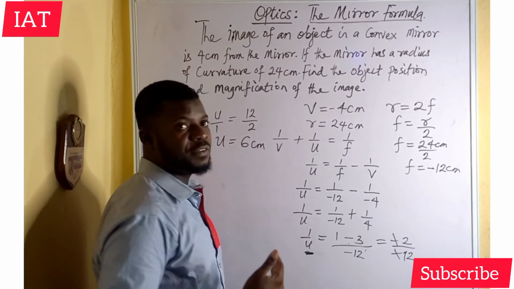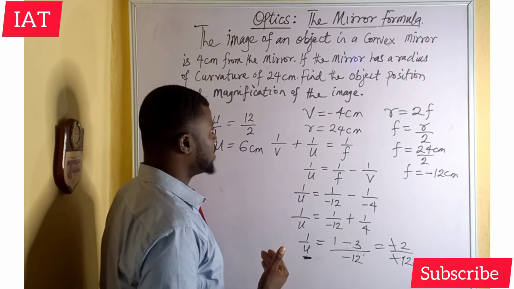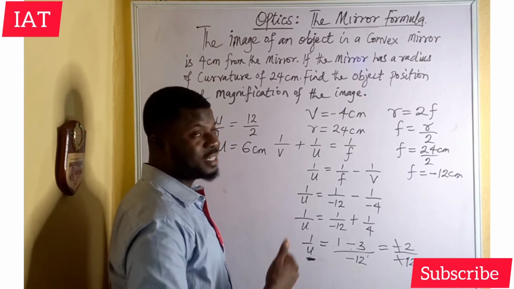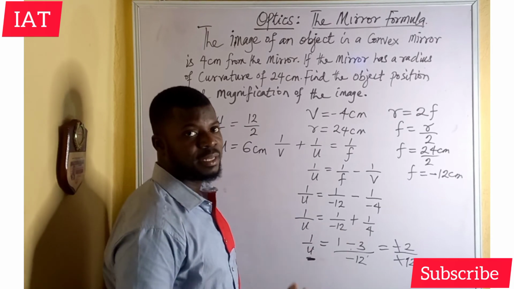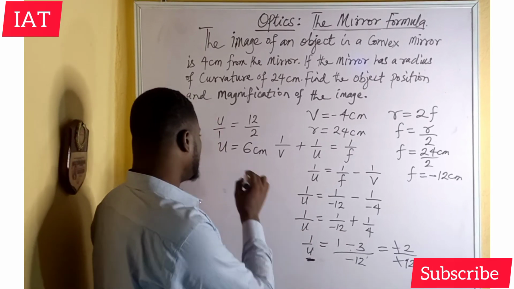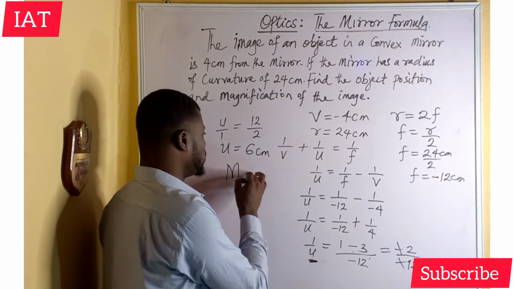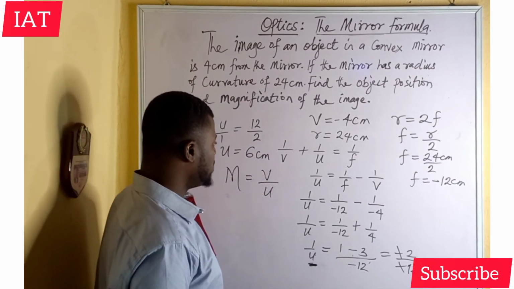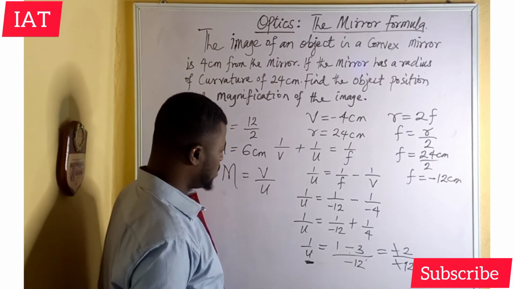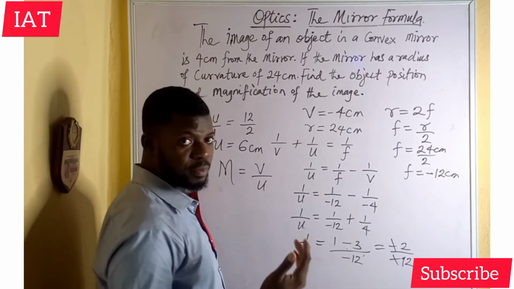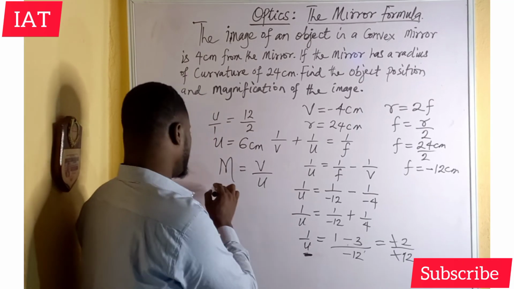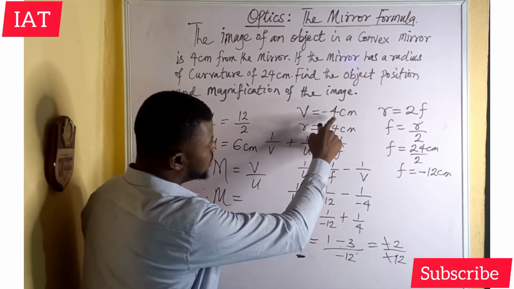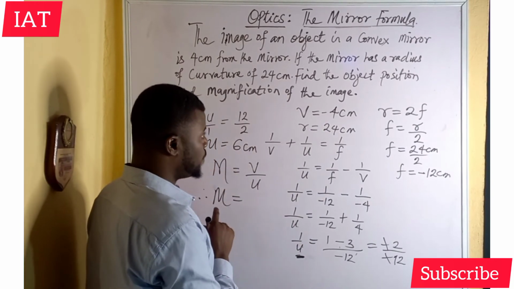Then the next one, we are also asked to find the magnification of the image. Magnification can always be given as the height of the image divided by the height of the object, or the distance of the image divided by the distance of the object. So in short form, magnification will be equal to v over u, which is the distance of the image over the distance of the object from the mirror. So what is v? v is minus 4 cm.